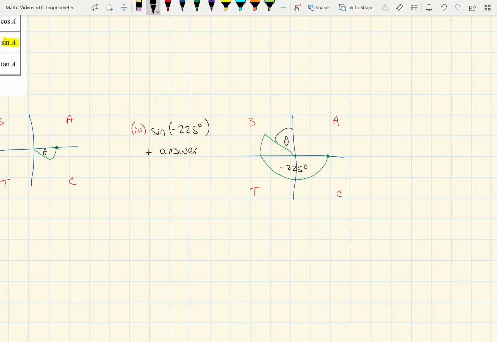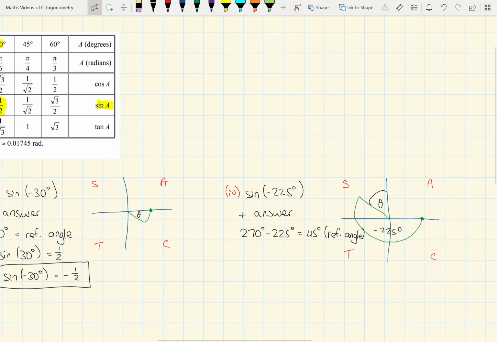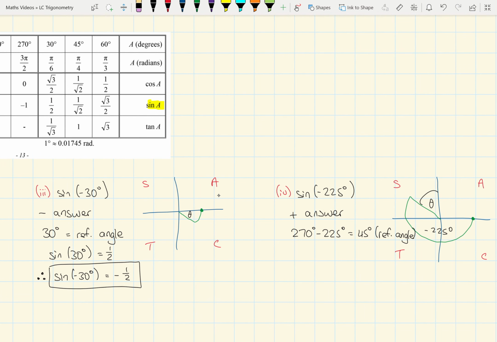We want to find our reference angle. So for us, 225 is going to be between 180 and 270. So it'll be 270 minus 225 into your calculator. Gives you 45 degrees as your reference angle. Okay, we know it'll be a positive answer. Come across here. The reference angle is 45 degrees.